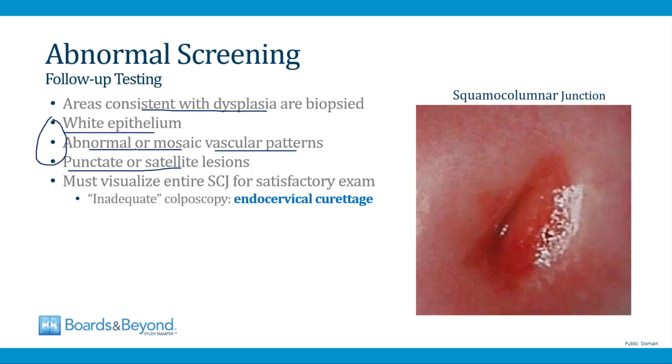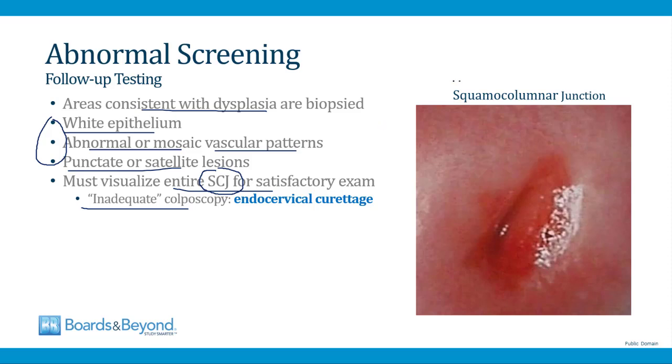And then it's high yield to know that you must visualize the entire squamocolumnar junction for a colposcopy to be considered satisfactory. If you don't see the entire junction, then it's an inadequate colposcopy. Remember, most cervical cancers occur at the squamocolumnar junction, and so if you don't visualize it, what that means is that the junction is in the cervical canal beyond where you can see with your eyes.